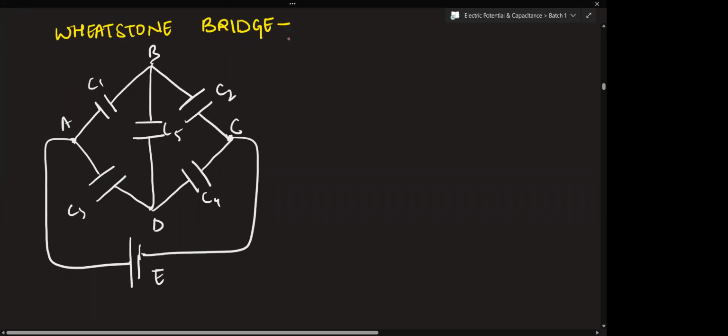Now see, if the bridge is balanced, then potential at this point VB is equal to potential at D. So VB becomes equal to VD.